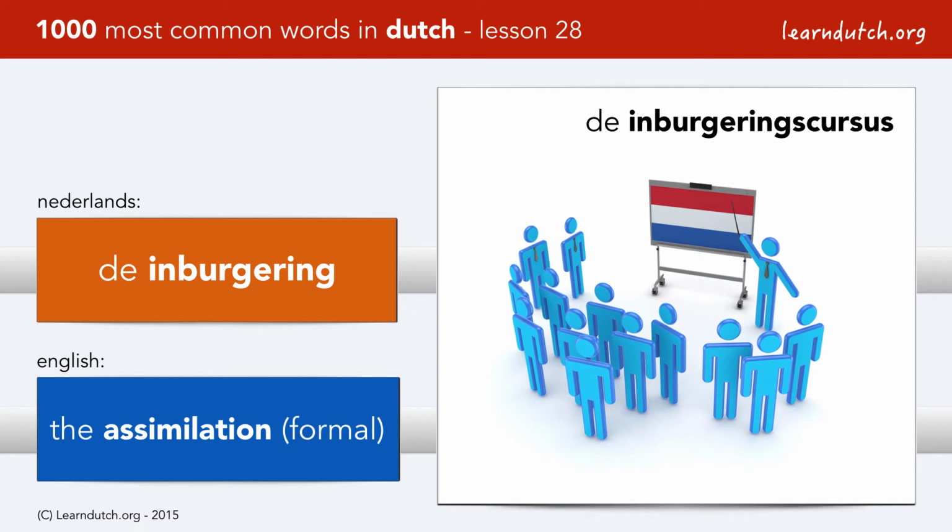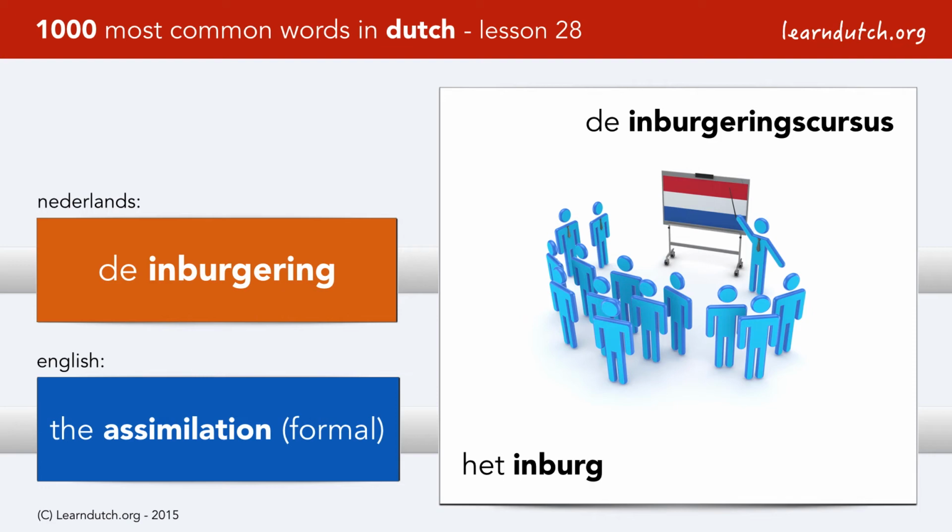At the end there is an exam, het inburgeringsexamen. Most immigrants think that the inburgeringscursus is free. No, it is not. It's just that you do not need to pay immediately for it, as you can get a loan. And yes, you need to pay that back one day.